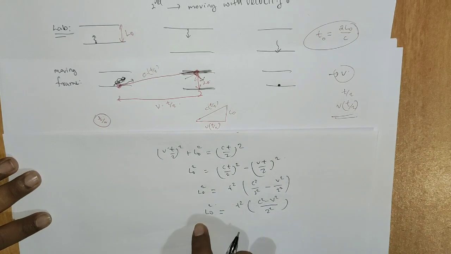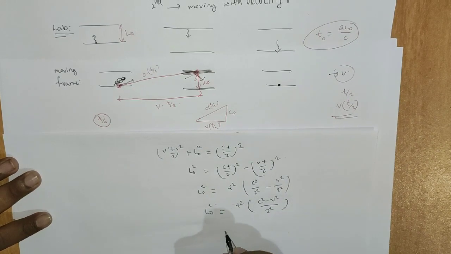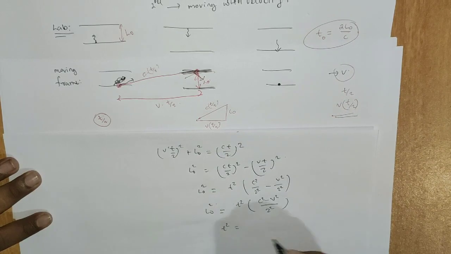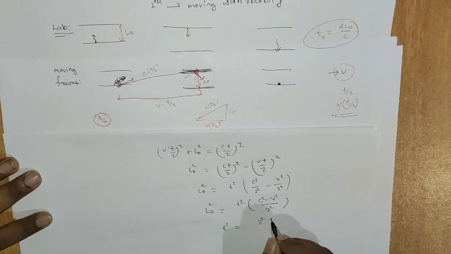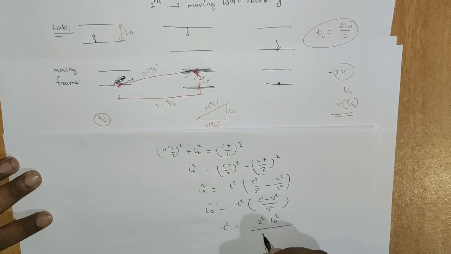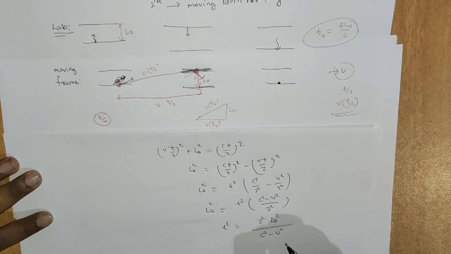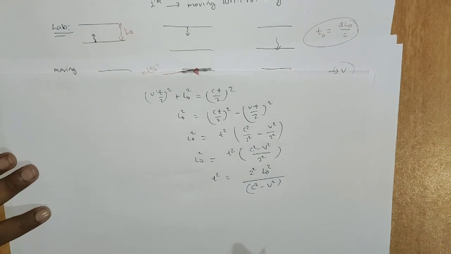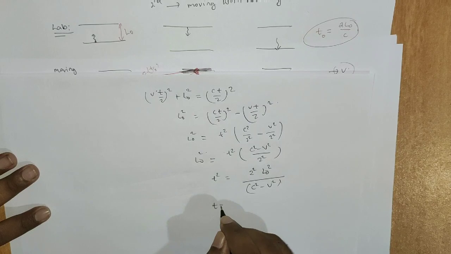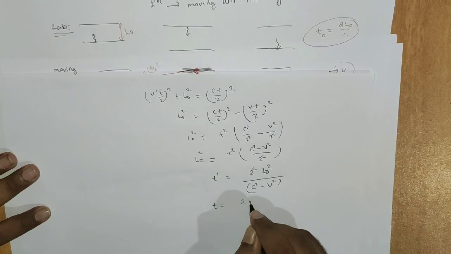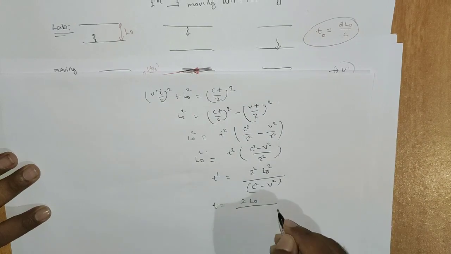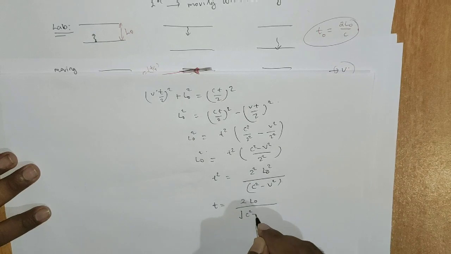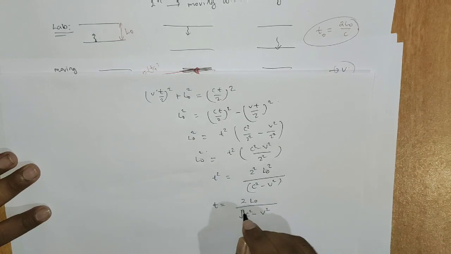Okay, take this here and this becomes t square equal to 2 square L0 square by (c square minus v square). Okay, take square root, then we get t equal to 2 L0 by root of (c square minus v square).